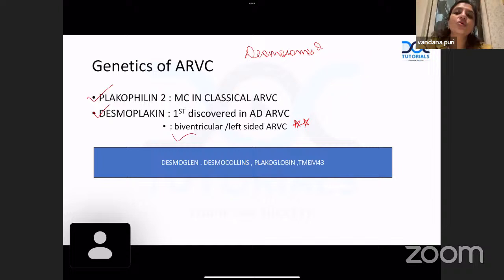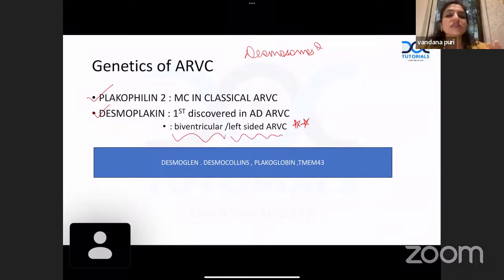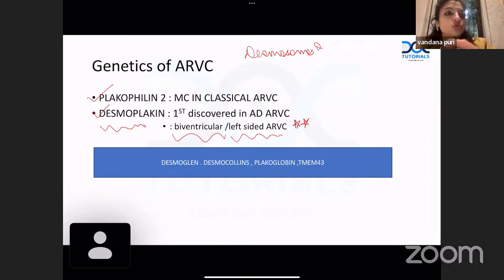Whenever they give you a question of biventricular or left ventricular ARVC, the classical mutation is in desmoplakin. Apart from that, there is mutation in desmoglein, desmocollin, plakoglobin, TMEM43. So for now, remember the most common mutated is plakophilin and it is autosomal dominant.